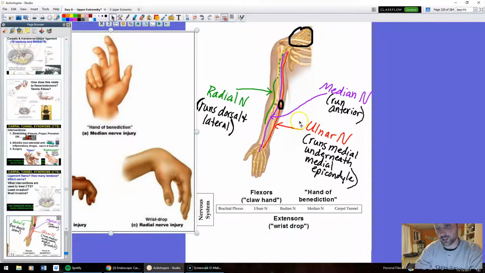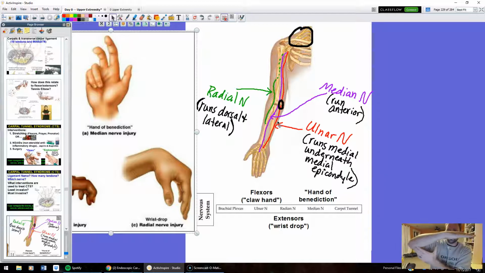So running along the ulnar nerve, guys, this ulnar nerve runs along this medial section. So again, thinking ahead of yourself, is this my flexor group or my extensor group that's affected by my ulnar nerve on this medial section of my arm? If you guess flexors, that's great. If your ulnar nerve is pinched or damaged or just dysfunctional, your flexors won't really work, and you need your flexors to be able to control this motion.